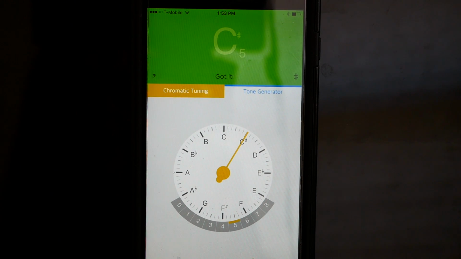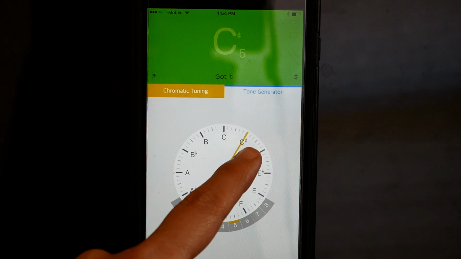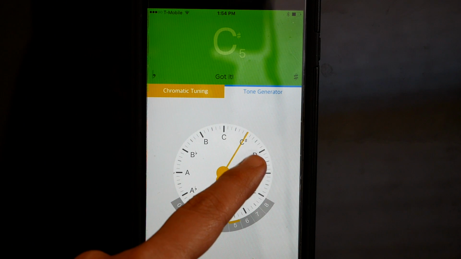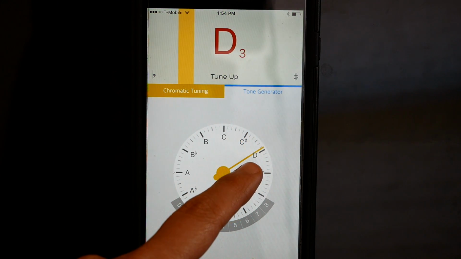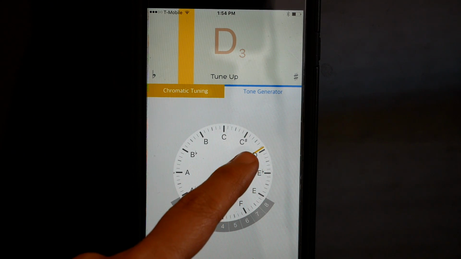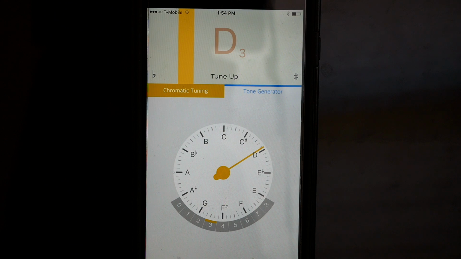Can you see how there's little increments? How it's broken up like a clock or something? There's one that's halfway, and then there's two little ones between halfway and on the note itself. So I like that. You can try to put the needle right halfway between. So let's try the D again.